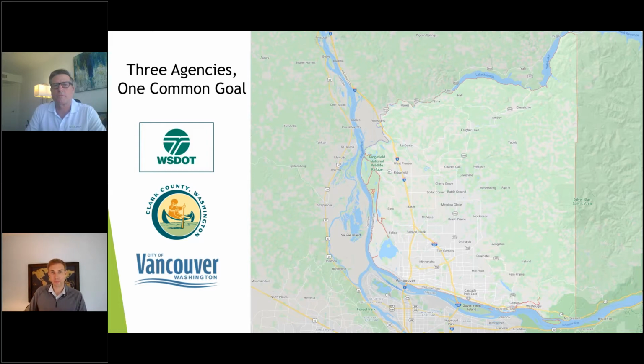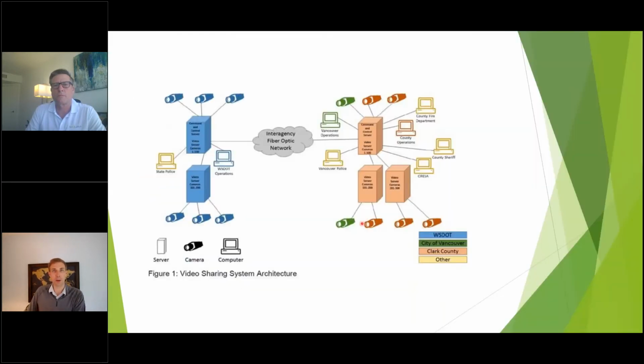To give you an idea of how they deployed, this is a snapshot of what the infrastructure and architecture looked like. Again, the key was already having an interagency fiber optic network. On the left, we've got WashDOT's assets, their server and their cameras. Their operations are in the same building as State Police, so State Police had access to those servers.